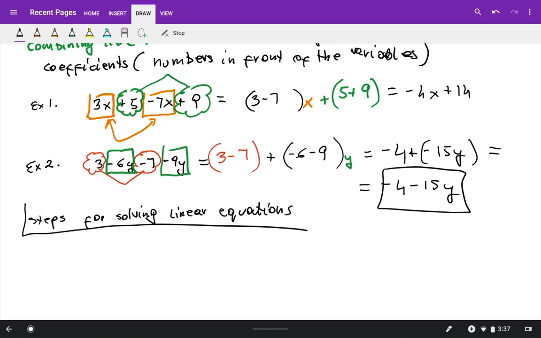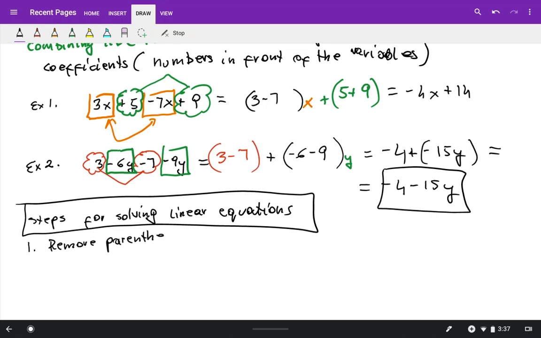Okay, the detailed steps, you guys have it on PowerPoint. I'm just quickly going to write the shortcut of that. So step number 1 will be remove any parentheses, and of course, combine like terms.